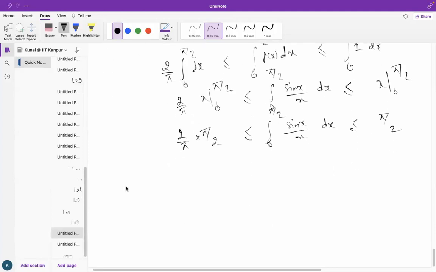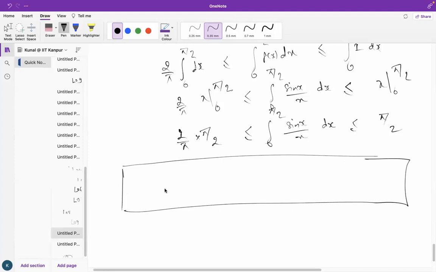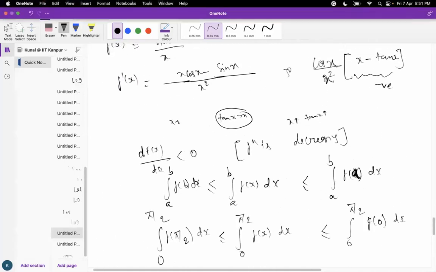So finally we get the answer, which is proved. What is it? 1 is less than or equal to the integral of sin x by x dx from 0 to pi by 2, and it is less than or equal to pi by 2. This is proved. Okay.